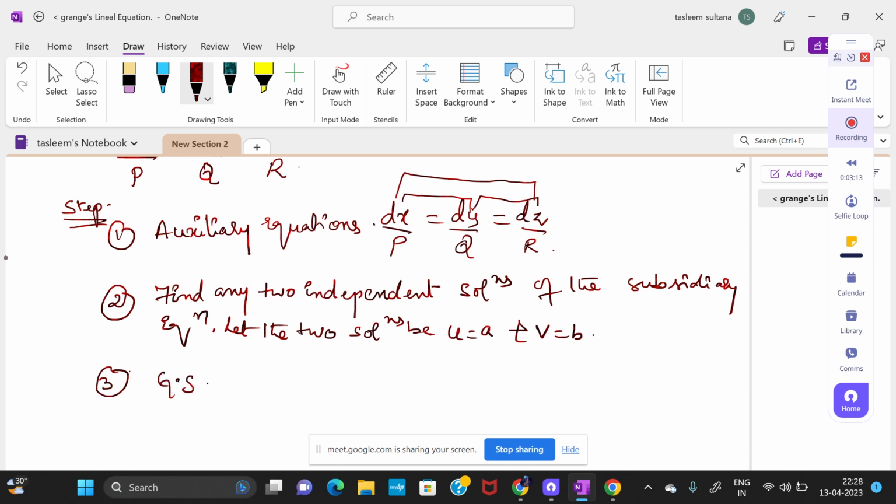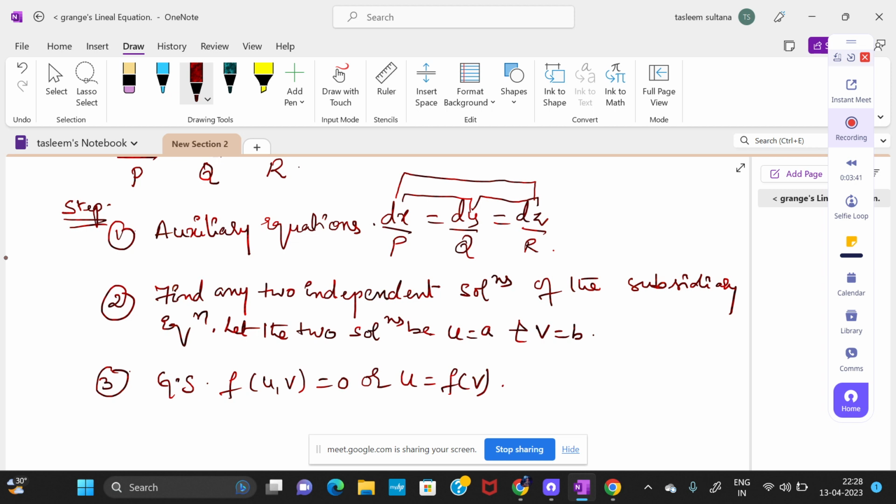The general solution will be f of u comma v is equal to 0, or u is equal to f of v. These are the steps for solving by the method of grouping. Is it clear, Aditya? Yes, ma'am.